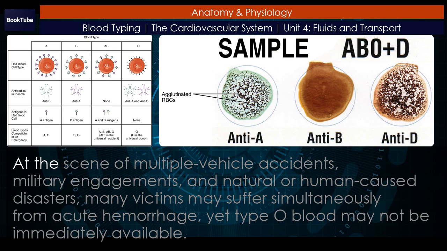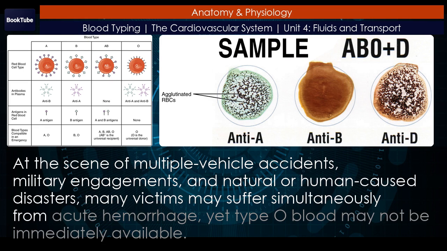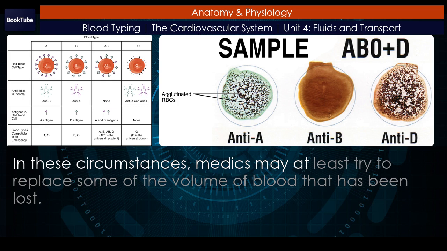At the scene of multiple vehicle accidents, military engagements, and natural or human-caused disasters, many victims may suffer simultaneously from acute hemorrhage. Yet type O blood may not be immediately available. In these circumstances, medics may at least try to replace some of the volume of blood that has been lost.